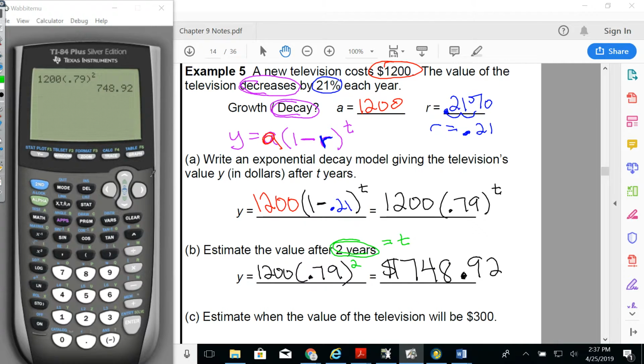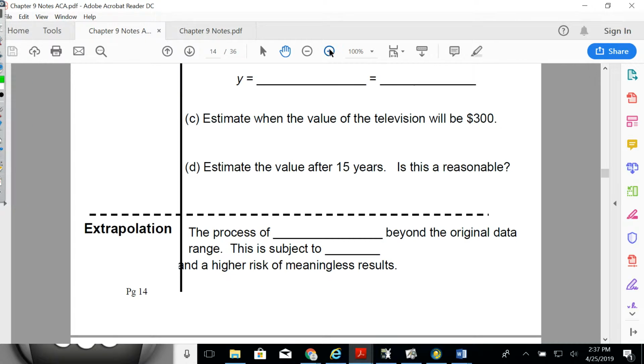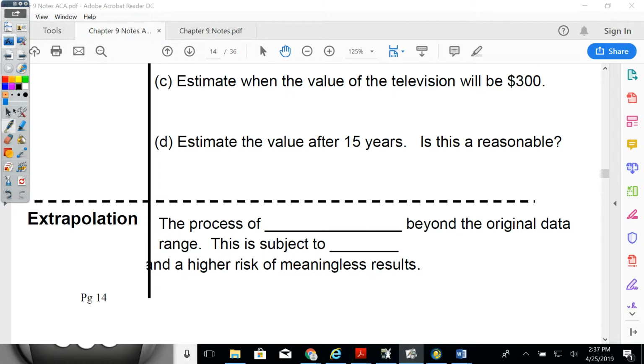All right, and then answering C and D, I'm going to go ahead and just copy the equations down there for C and D. Here it says estimate when the television will be $300. So taking our equation, we're going to plug it into y equals.